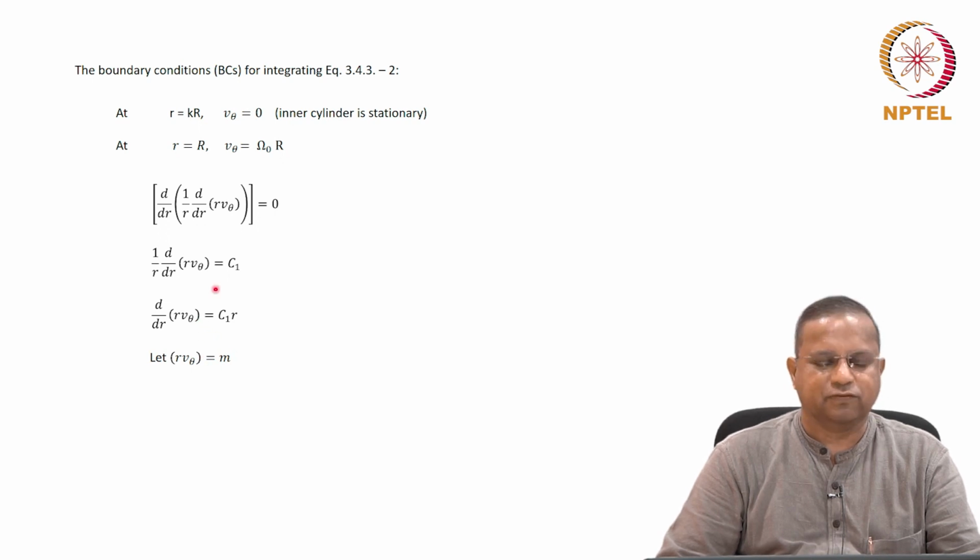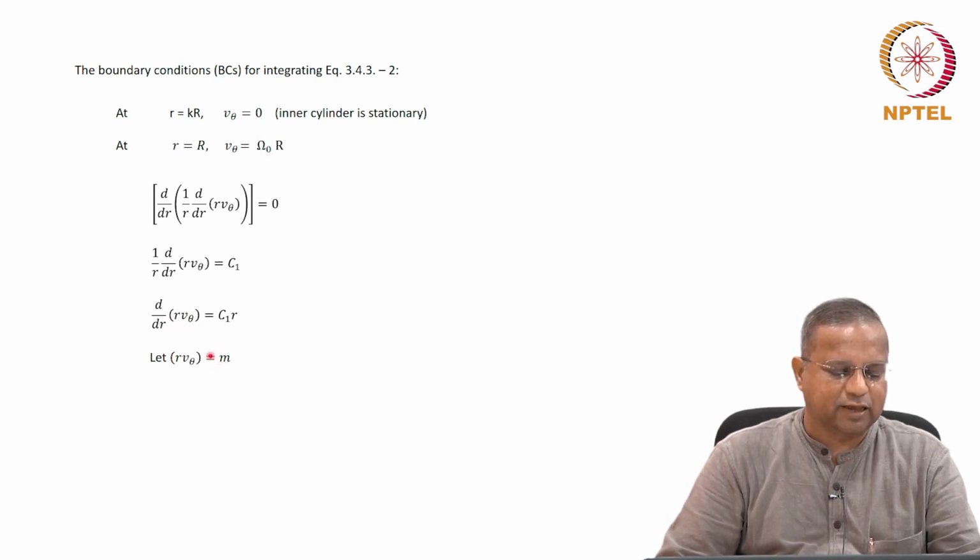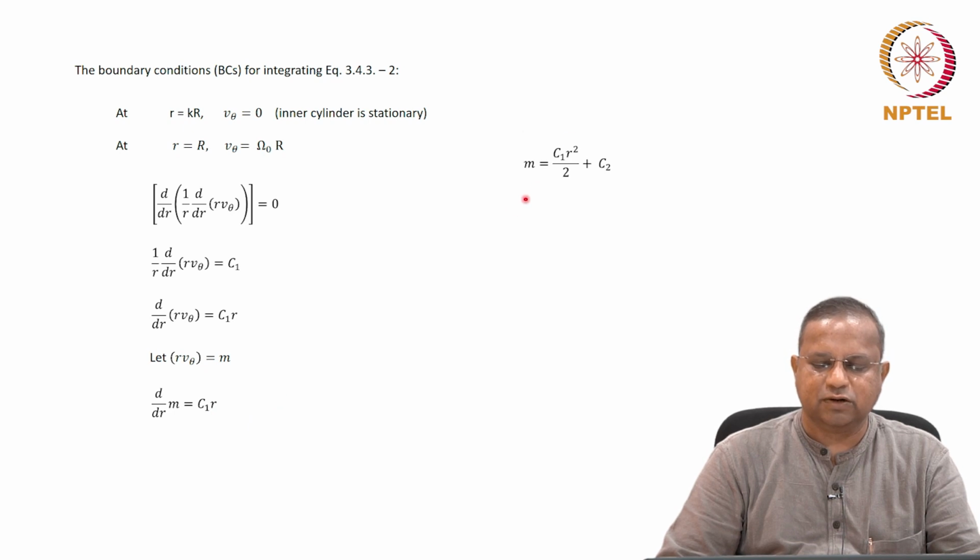And now just for ease, you could directly do it, but just for ease, if you set the product of r v theta as m, you can take this whole function as m, that's easier. Then you get dm dr equals c1r, and therefore it's easier to integrate: m equals c1 r squared by 2 plus c2. Therefore the integral of this is c1 r squared by 2 plus c2, and m is nothing but r v theta. Bring this back here.